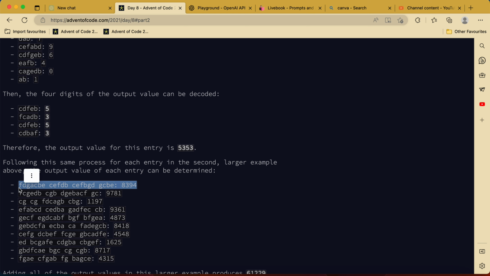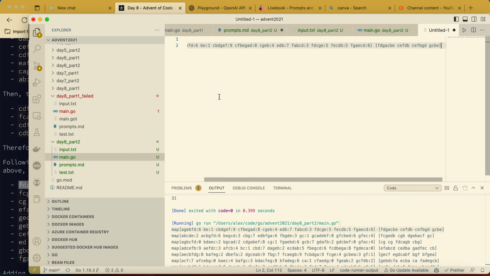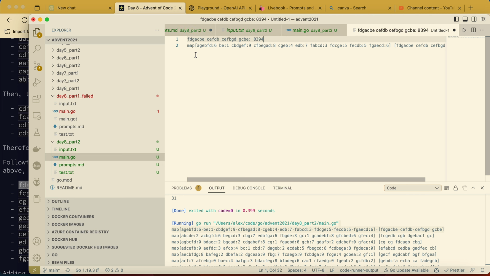I need to get... we have this one is 8. No, that's not. This one is 8.